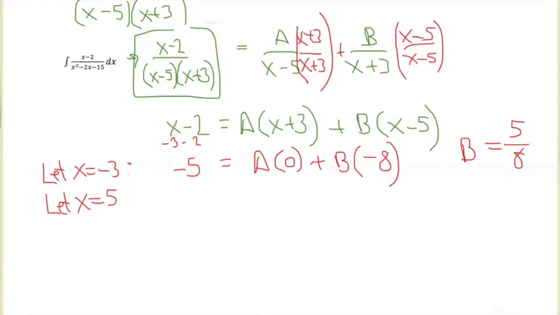Now we're applying that into this equation here. So 5 minus 2 is 3 equals a times 5 plus 3, which is 8, plus b times 5 minus 5, which is 0, which leaves us with a is equal to 3/8.